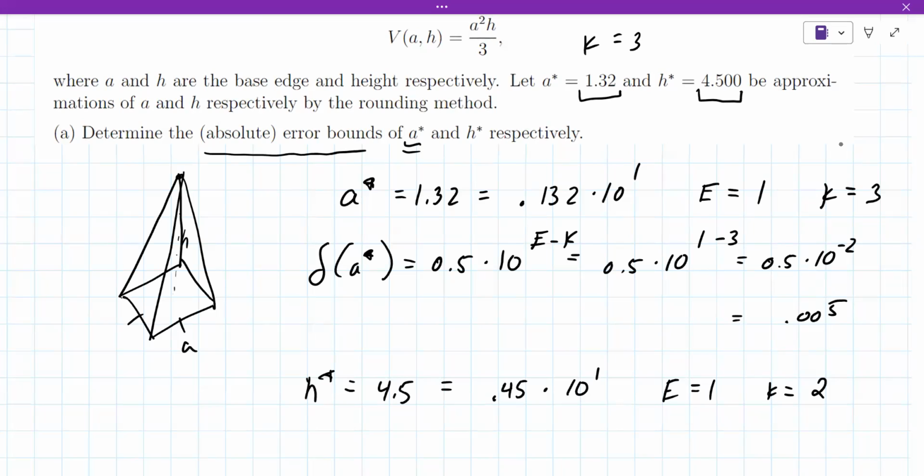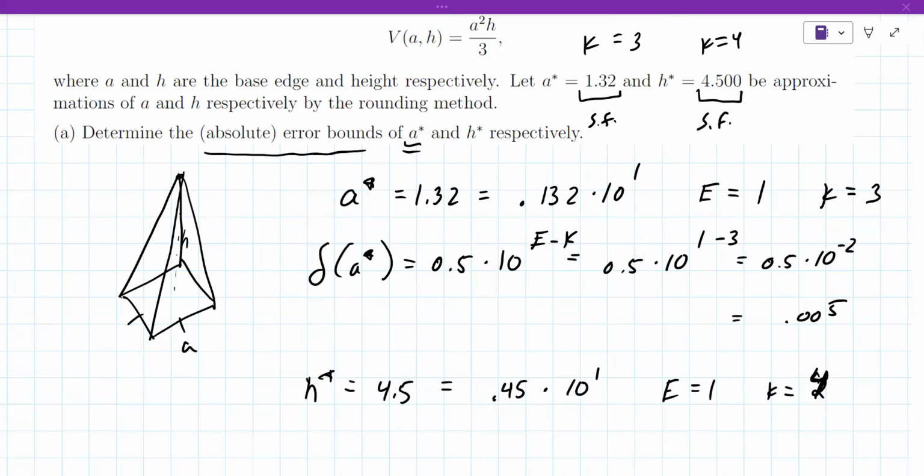So for the first one, K is 3, and for the second one, K is 4. These zeros to the right are included. K comes from the beginning, from the original number.